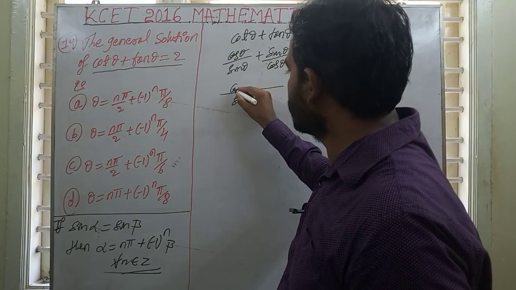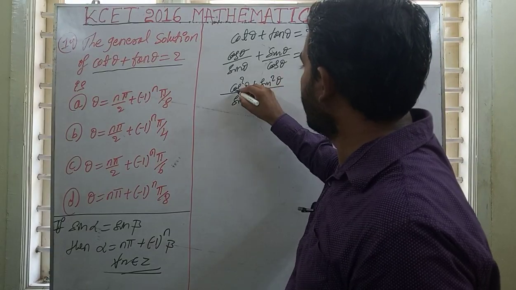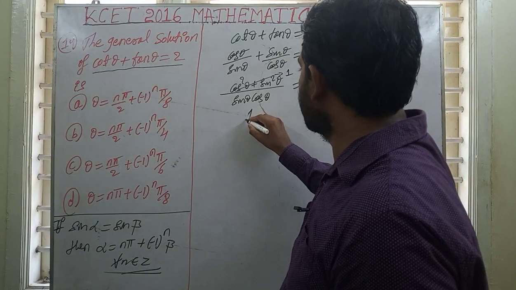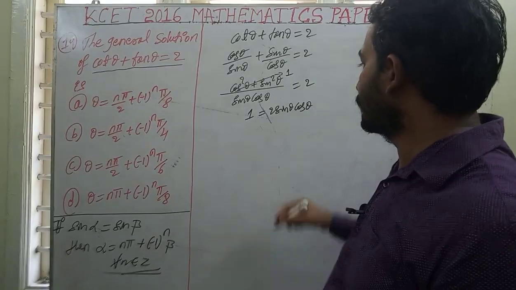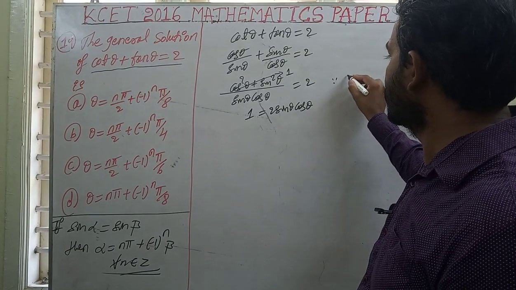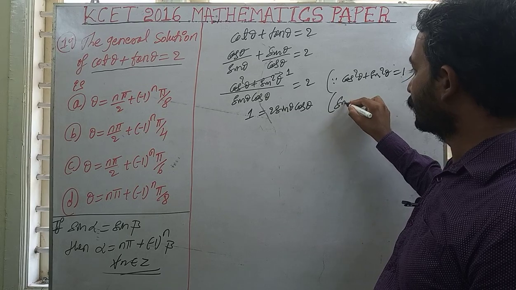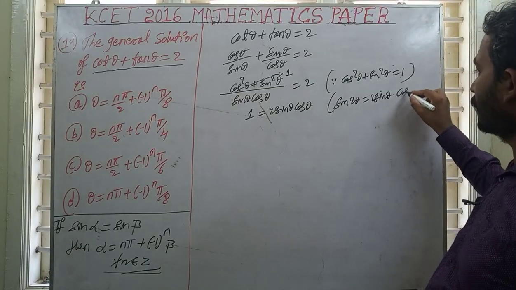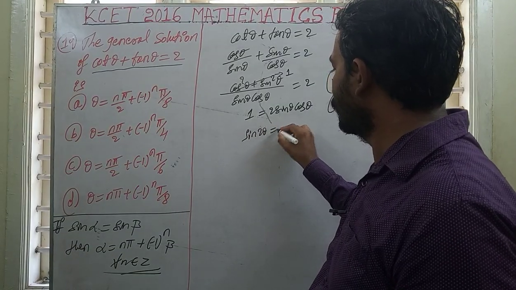So the numerator becomes cos square theta plus sin square theta, and this value is already well known to be 1, so 1 is equal to 2 sin theta into cos theta. Using the formula, sin 2 theta is equal to 2 sin theta into cos theta. So it can be written as sin 2 theta is equal to 1.